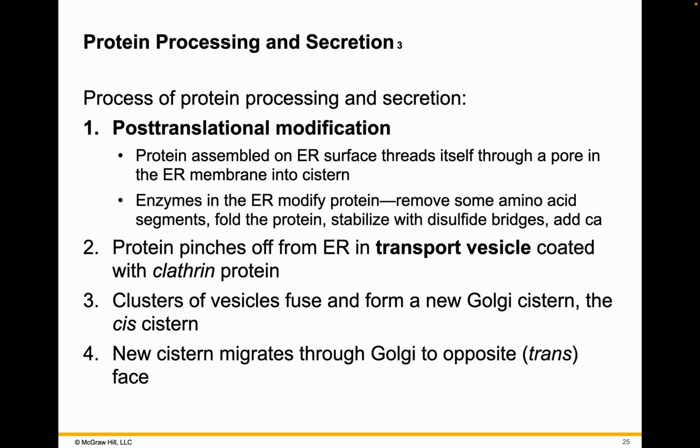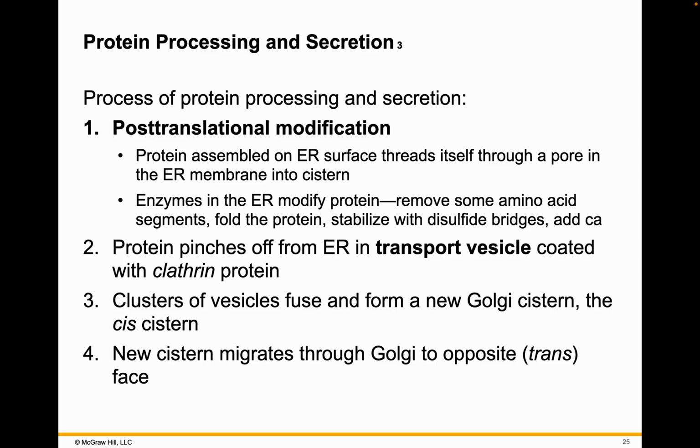There is post-translational modification in many cases, in which proteins assembled on the endoplasmic reticulum surface go through the pore. The enzymes in the ER modify the protein, sometimes removing amino acid segments, folding the protein, stabilizing it with disulfide bonds, and adding other things to it.